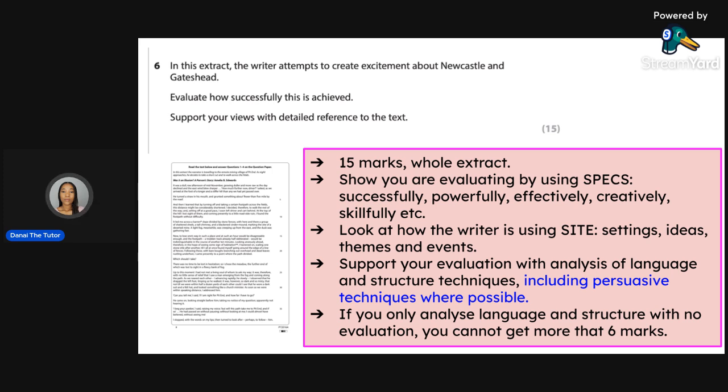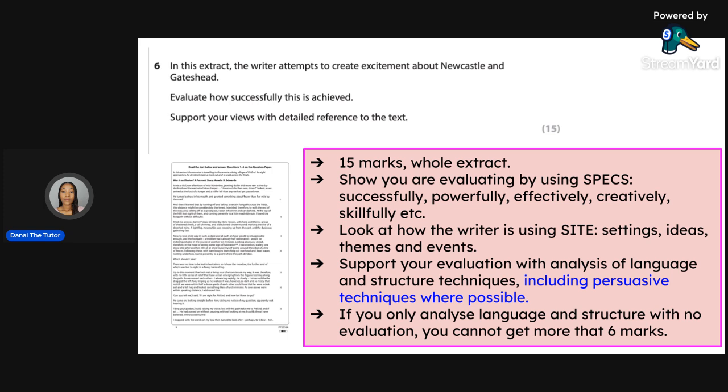You are also looking out for how the writer effectively uses settings, ideas, themes, and events. It's another way to distinguish this question from the language and structure analysis question. So, for example, for this question, it's asking you to evaluate how successfully the writer has created excitement about Newcastle and Gateshead in the extract that was given for this question.